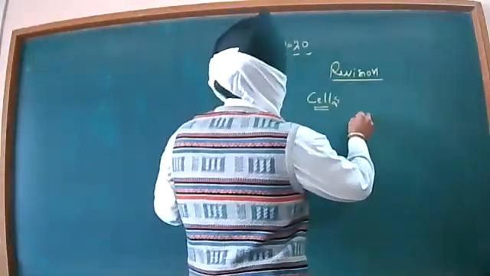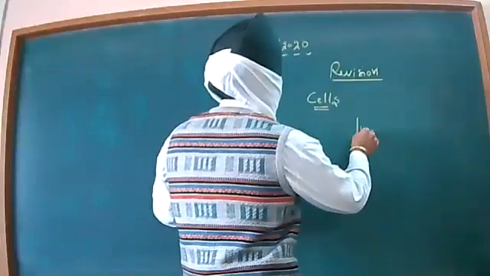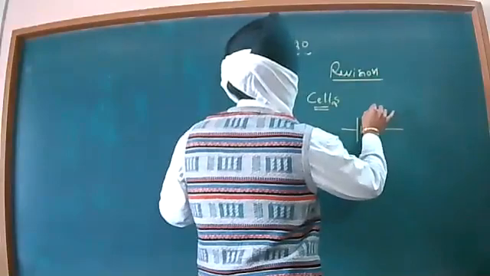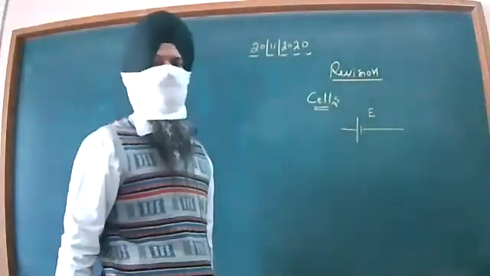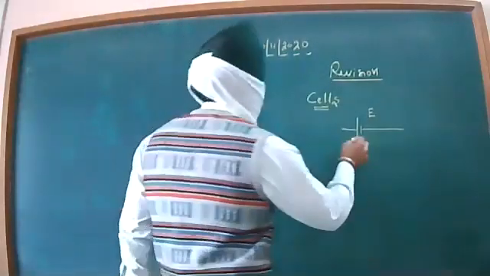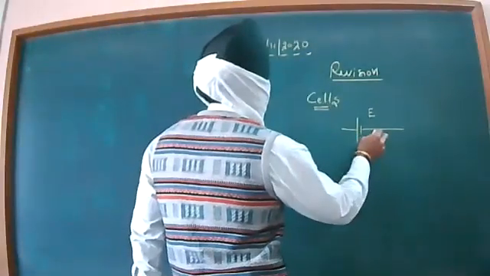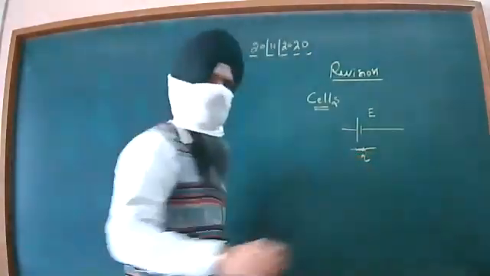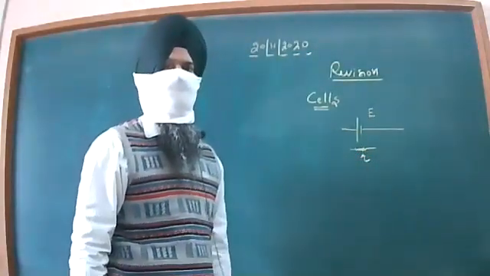Say this is the primary cell, and imagine that this is the EMF of this particular cell, capital E being the EMF of the cell, and this small r is the resistance of this single cell.